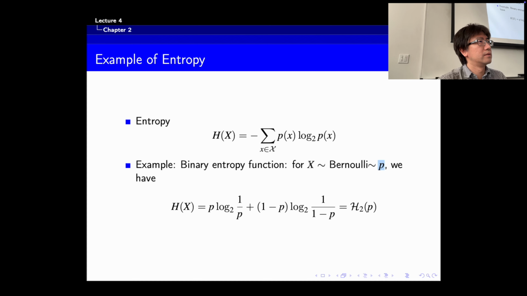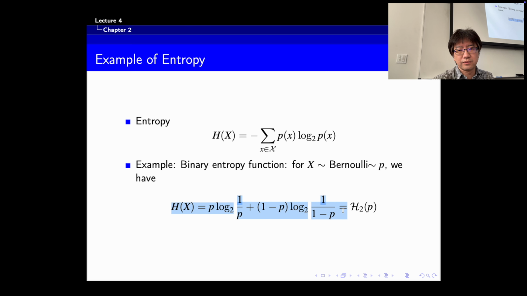By using this formula, we get the binary entropy function, which we denote by this notation. Because this is very often used in our class, we give it a special name.